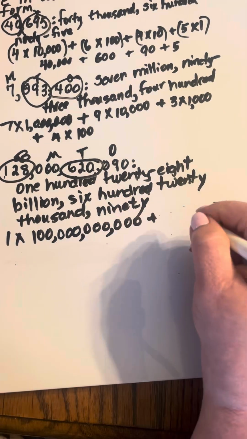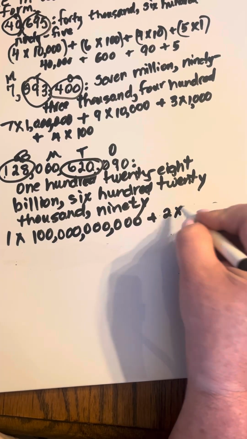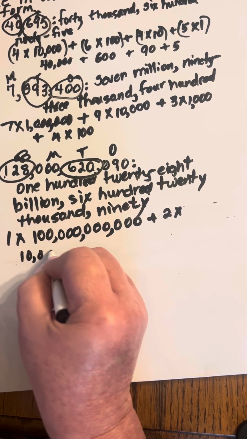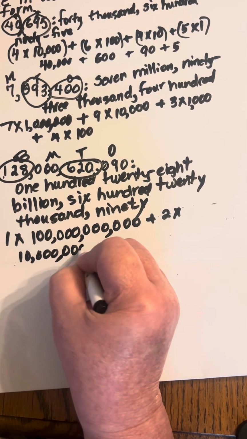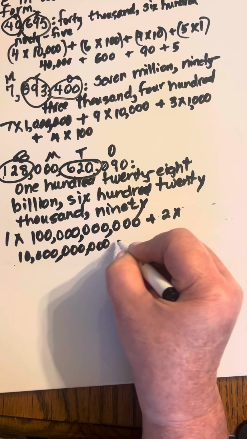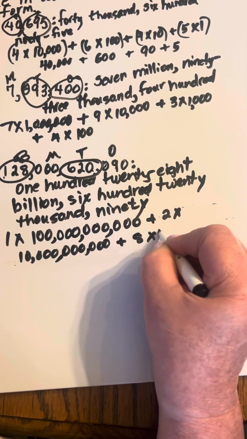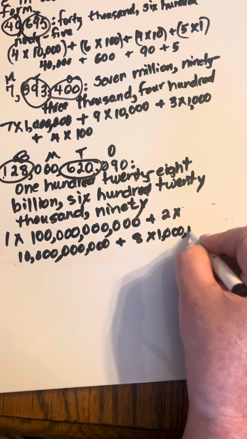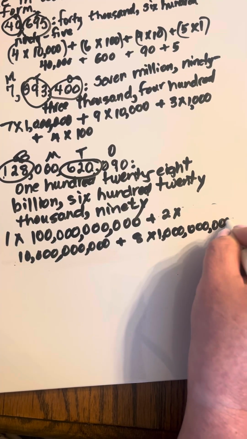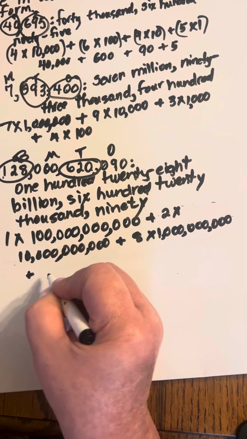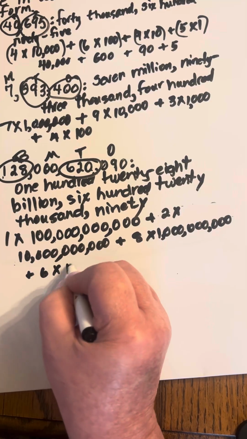Okay, the 2 is in the 10 billion, so it's going to be 2 times 10 billion. Count those zeros. Plus 8 times 1 billion. A 1 and 9 zeros. Plus, now I get back to my 6 in the 100,000s.